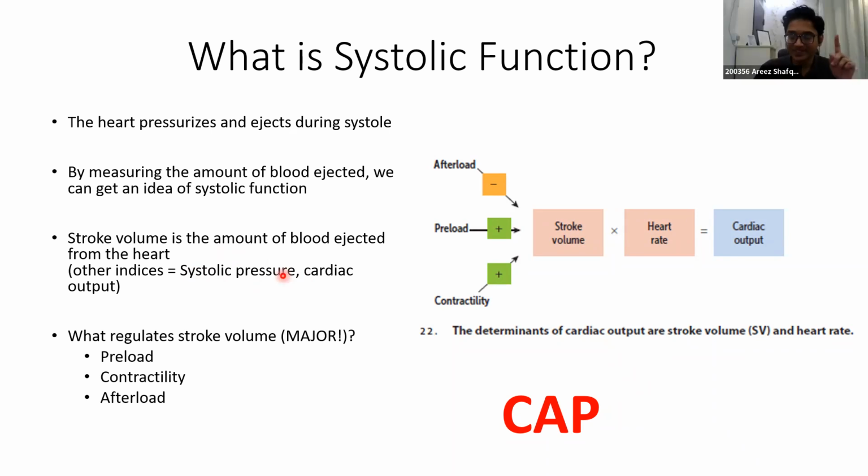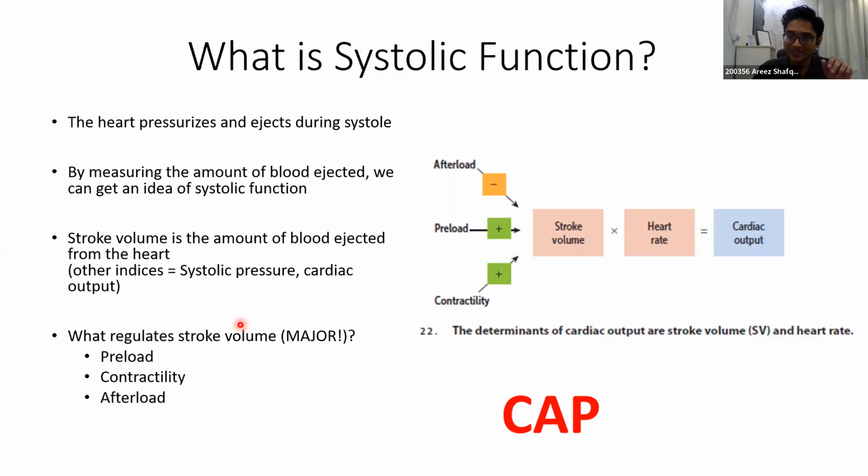That's one concept. The next question you should ask is what regulates stroke volume? Because the things which regulate stroke volume will give us an idea of systolic function. We need to know how they regulate stroke volume, why do they regulate stroke volume, and what changes do they cause to cardiac function, okay? And you need to know this, probably will be in your exam.